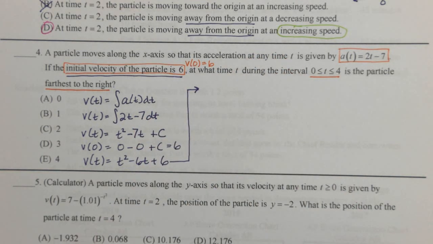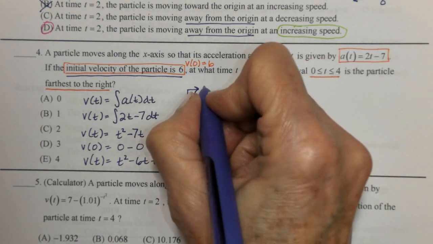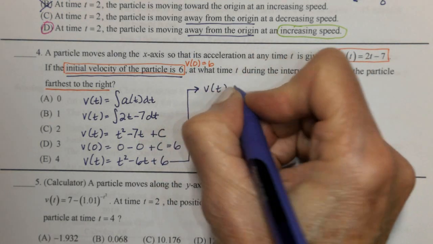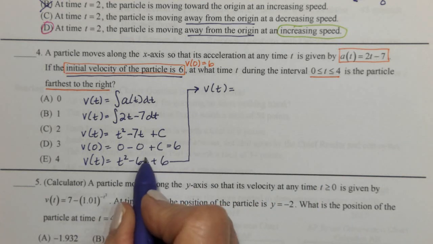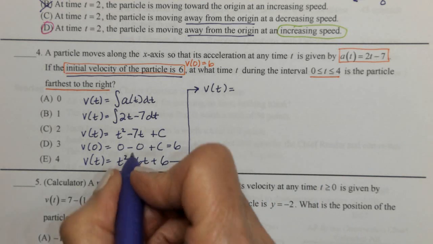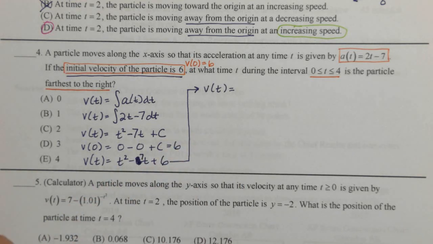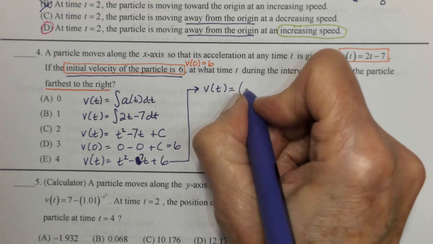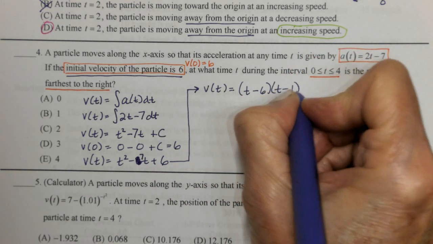So now I know velocity, and I want to find when the particle is farthest to the right, so I need to see when it is moving to the right and when it is moving to the left. So I'm going to sign chart velocity. To sign chart it, we need to find when it is 0, so I'm setting this equal to 0. I'm going to factor this, and I don't know why I put 6 there. That should be a 7. That factors into t minus 6, t minus 1.